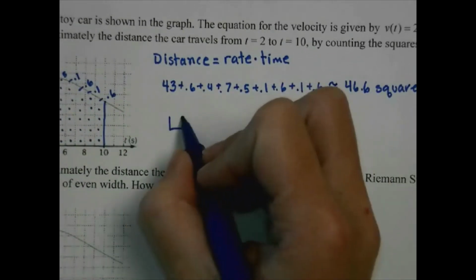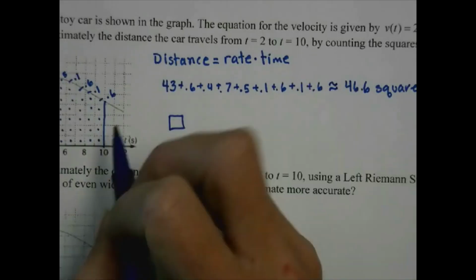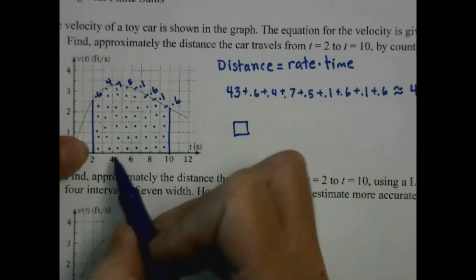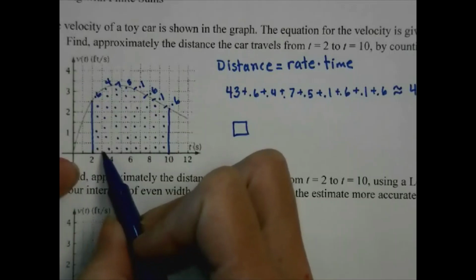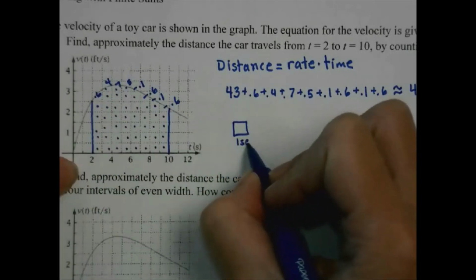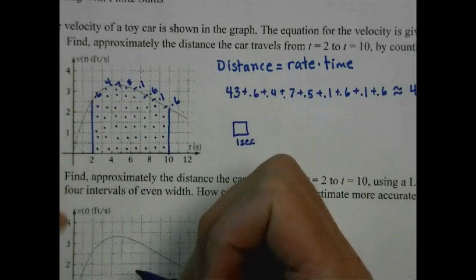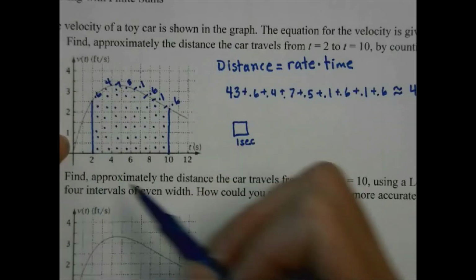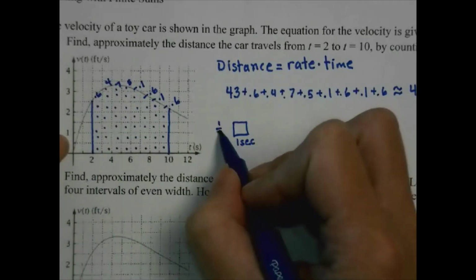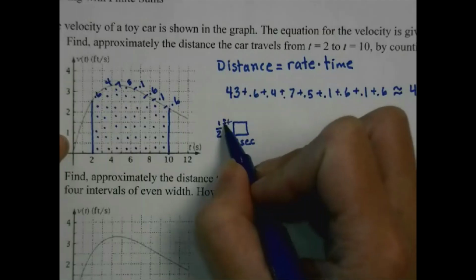If I have one square on this dimension, looking at the graph, each of those is going to be 1 second. On the y-axis, each square is 1/2 feet per second.